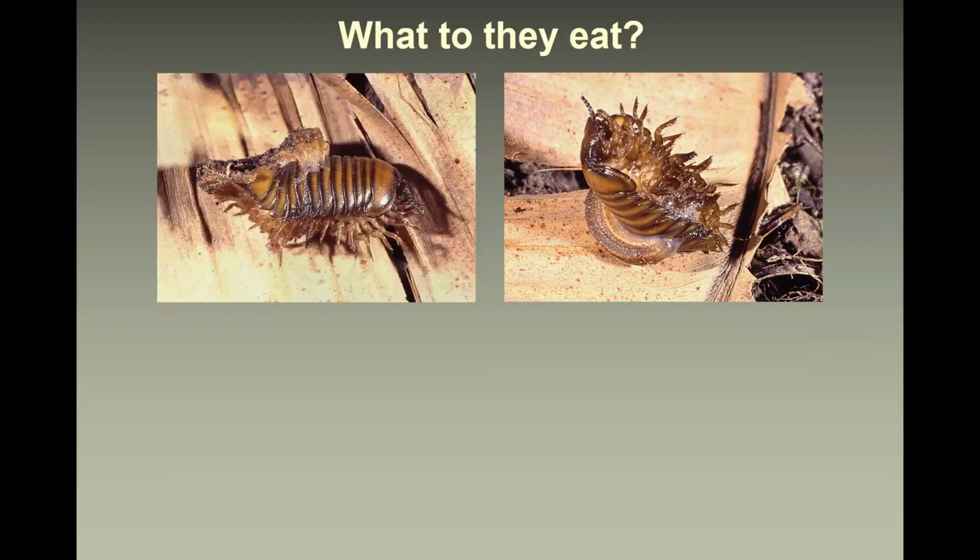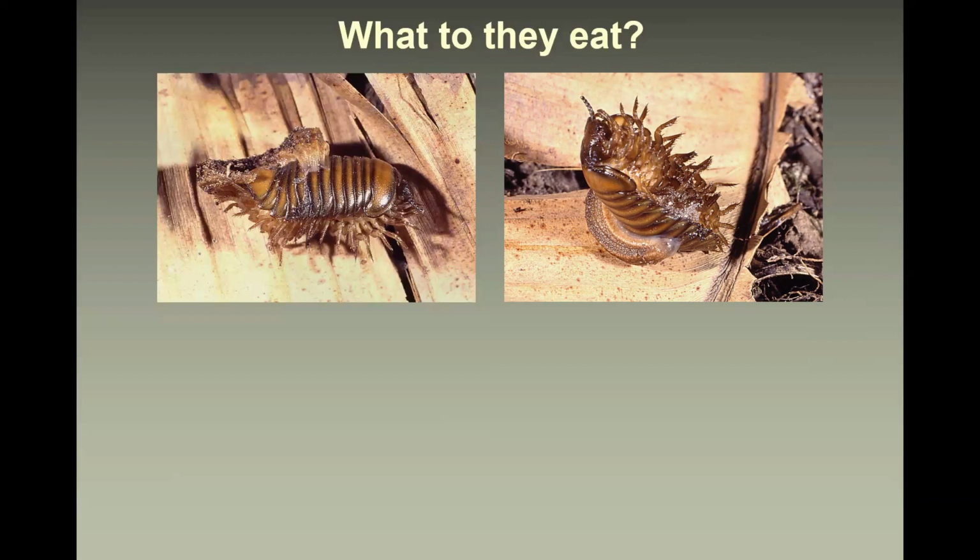The slug is able to penetrate the thin cuticle between the plates of the millipede, the strong plates that are the millipede's primary defense, and they're able to inject some sort of toxin. We don't know anything about it, but it's able to immobilize the millipede, and you see here a lot of bubbles just beneath the head of the slug, and eventually the millipede becomes moribund.